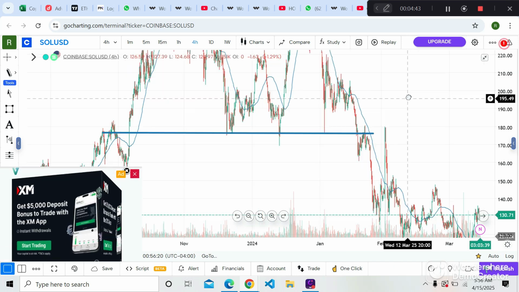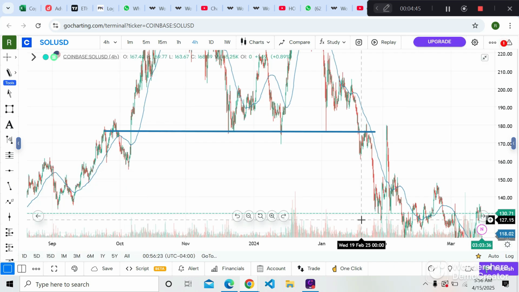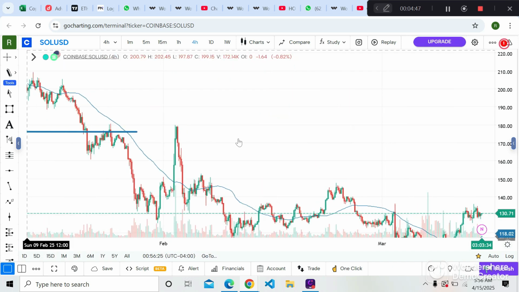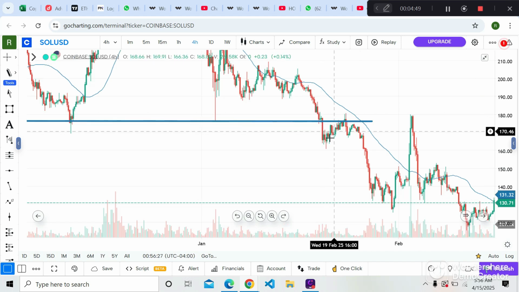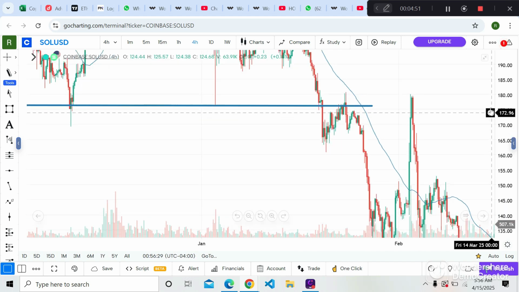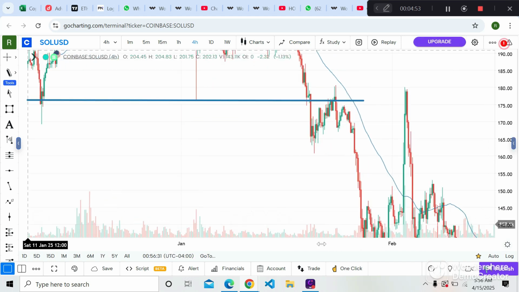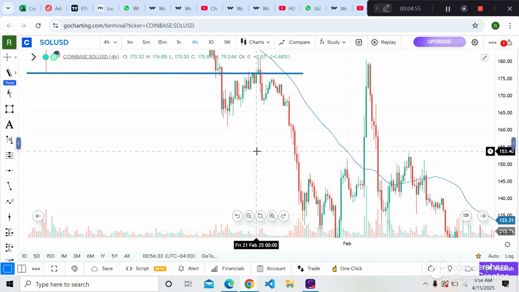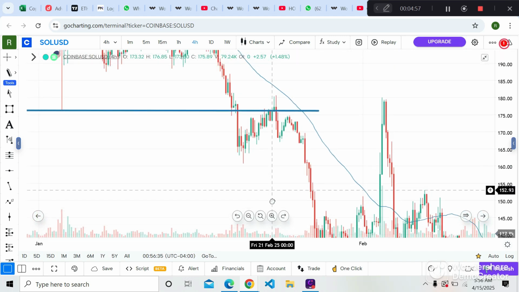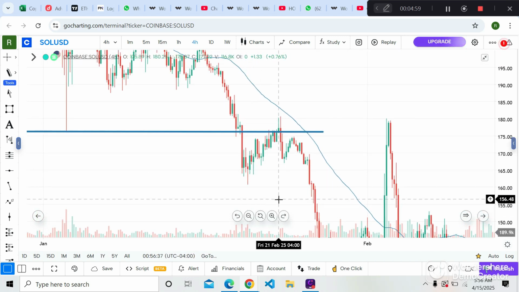So now we had a breakout of this 4-hour time frame support, and possibly we're looking to trade it, or make an entry on this. So the breakout indicates short.